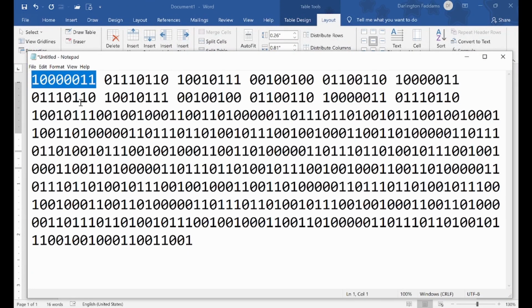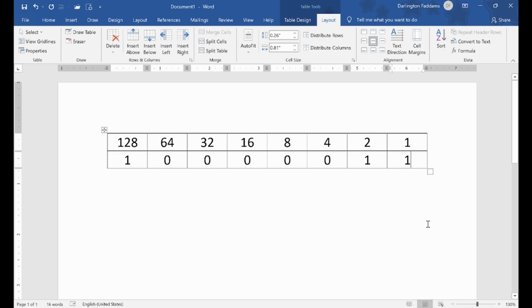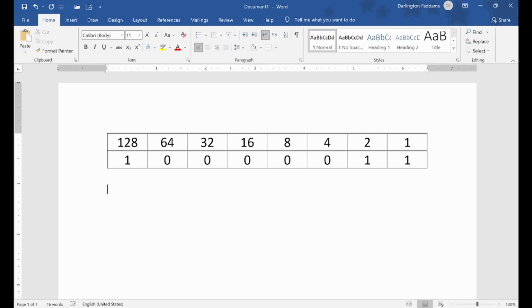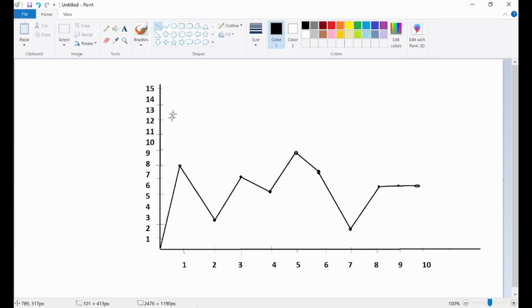So this code, what number will it give you? 128 plus what? Equal to 13. So you have a number, right? This number, all you have to do is to go to the sound graph and mark it.